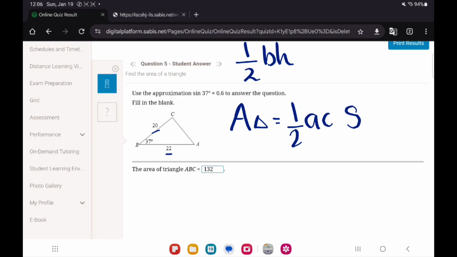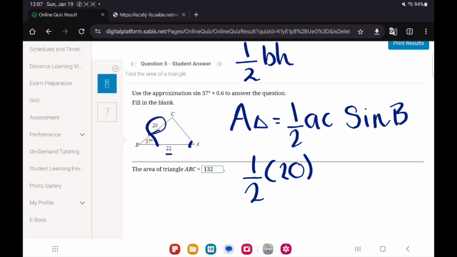AC, sine of the angle you have, and here we have B, okay? So we'll just solve it like that, okay? So let's just fill in the values. Half of 20, because that's opposite A, so it's A. And half of 22, which is opposite of C, so it's C small, so 22. And then sine of B, which is 37, okay?